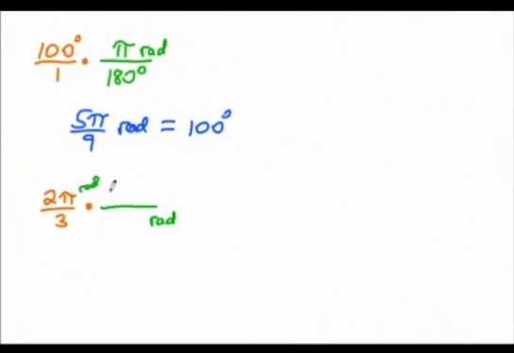That means there's going to be pi radians in the bottom, and we're going to convert it to degrees, so we'll put 180 degrees in the top. After a little bit of simplification, the pi's are going to cancel. 3 goes into 180 60 times, and we're going to get 2 times 60, which is 120 degrees. So 120 degrees is the same thing as 2 pi over 3 radians.